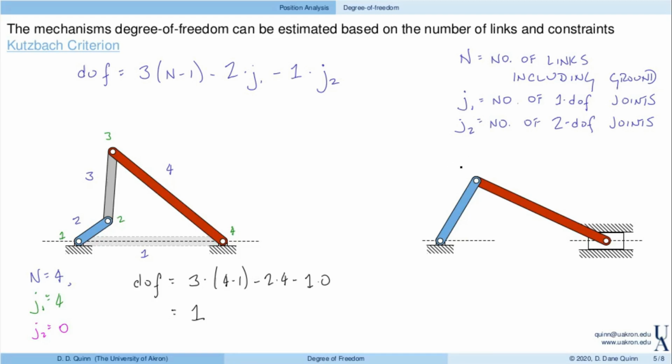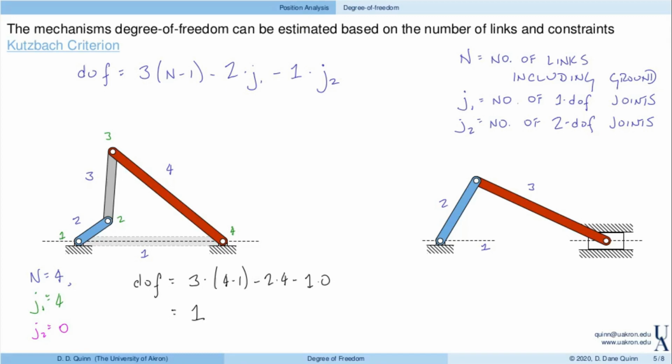And this is called a slider crank. Notice that this constraint here essentially is a sliding joint between the ground and this red link. So this whole thing is precisely a 2 degree of freedom joint. So again, let's count things up. We have 1 link for the ground, we have 2, we have 3 links total.